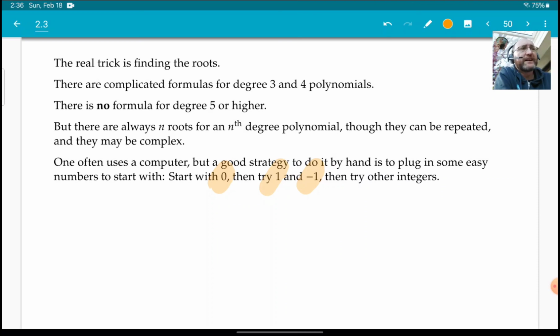Now, a lot of times, if you start plugging in one number and then plug in another number, and you get a positive answer for one and a negative answer for the other, well, you don't know the roots, but there would have to be a root in between, right? That's used when the computer is doing it, often.